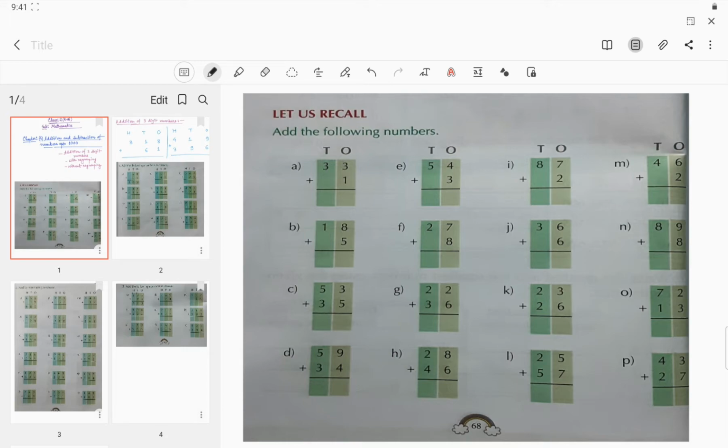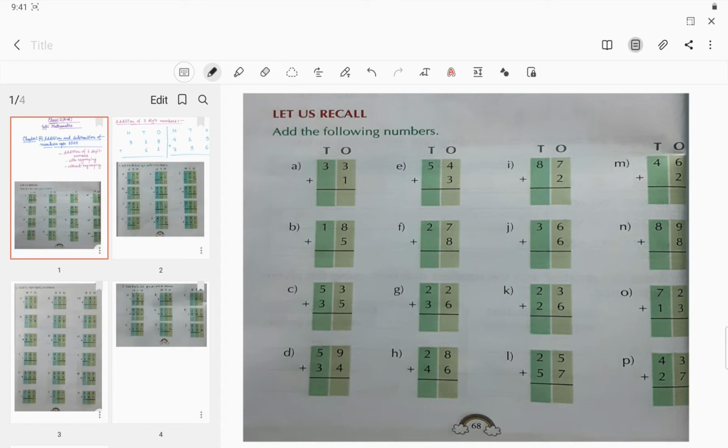So we have done the same things in the first unit test, that is in the second chapter, addition and subtraction for the numbers up to 100. Okay, now at first recall the second chapter.